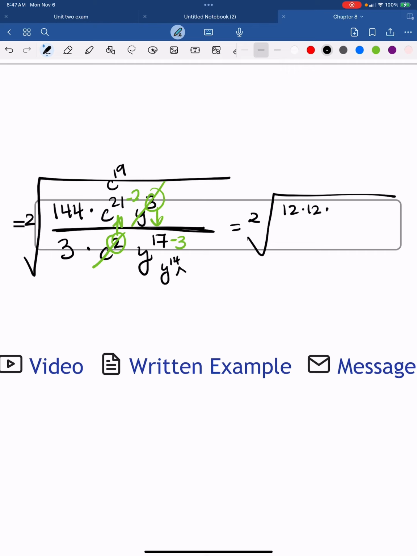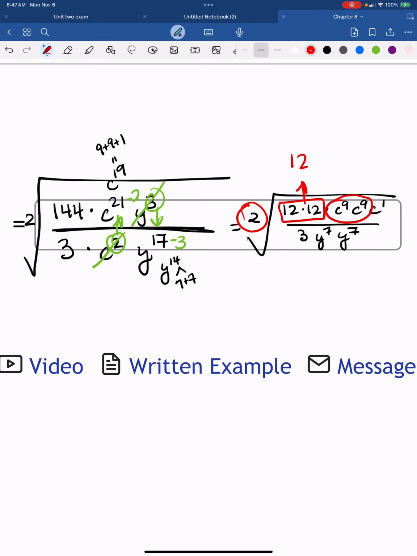So 14 is 7 plus 7. 19 is 9 plus 9 plus 1. So we have c to the 9th, c to the 9th, c to the 1, all over 3, y to the 7th, y to the 7th. Again, we're looking for groups of things. So we can pull out a 12.